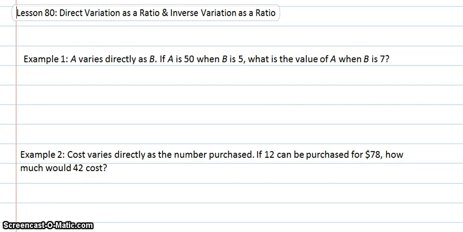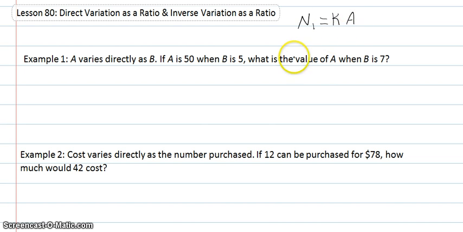In lesson 80, we look at direct variation as a ratio and inverse variation as a ratio. We have already been doing problems of direct variation and inverse variation. For our basic direct variation, some number would equal k times some other related item.